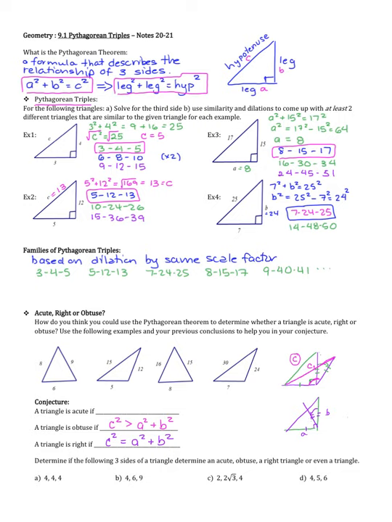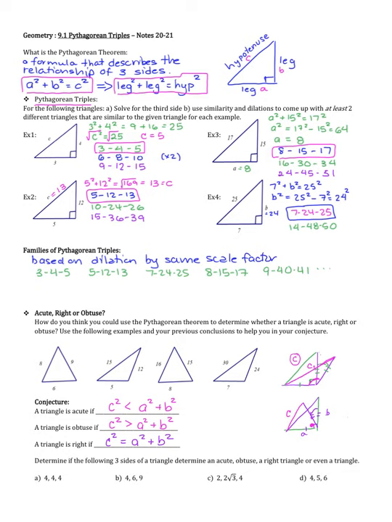And my new, it's no longer a hypotenuse, but this is my new C value. Notice that now this angle became acute. It's less than 90. And when that became acute, my C became smaller. So if c squared is less than a squared plus b squared, you have an acute triangle.